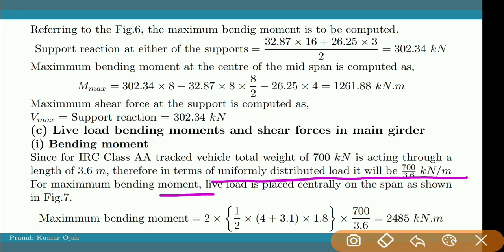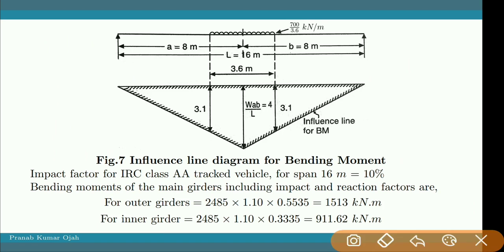For the maximum bending moment of live load, the load is placed centrally on the span as shown in figure 7. So it is the longitudinal girder. The load of the class AA tracked vehicle is placed at the central position of the main girder or longitudinal girder, and the UDL is 700 divided by 3.6. Then I will draw the influence line diagram, which will give us the maximum bending moment.